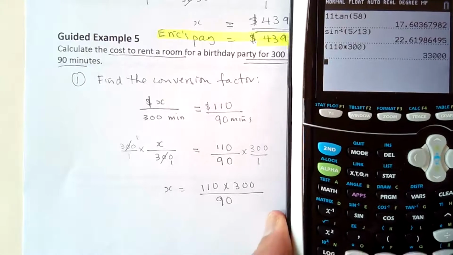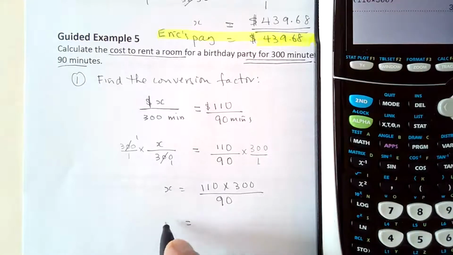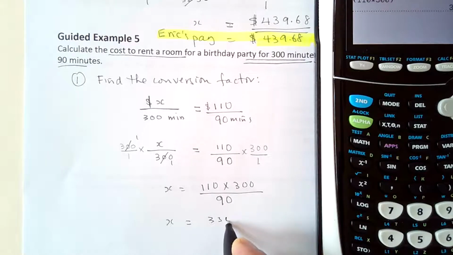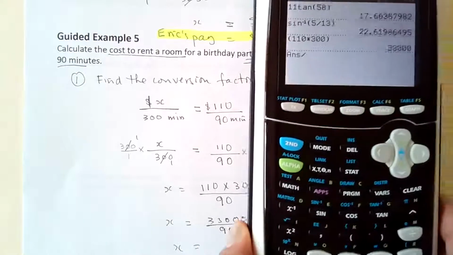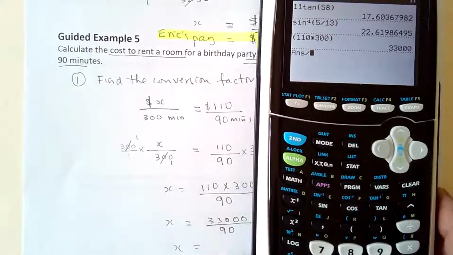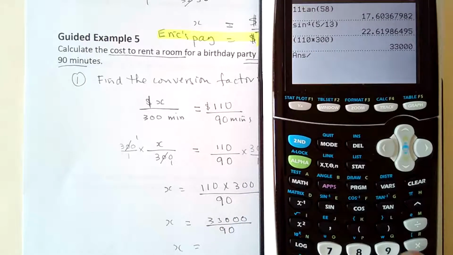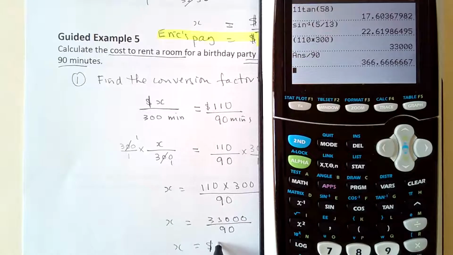So because I have space here, I'll write this out, 33,000 divided by 90. That gives me a result of $366.67.